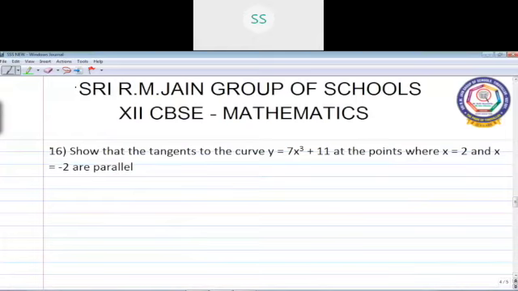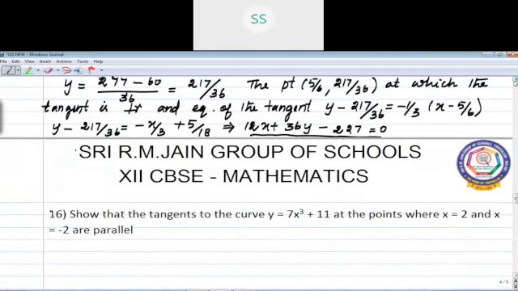Slope of the tangent to the curve. If you want, I will complete the previous sum statement here, for your understanding.